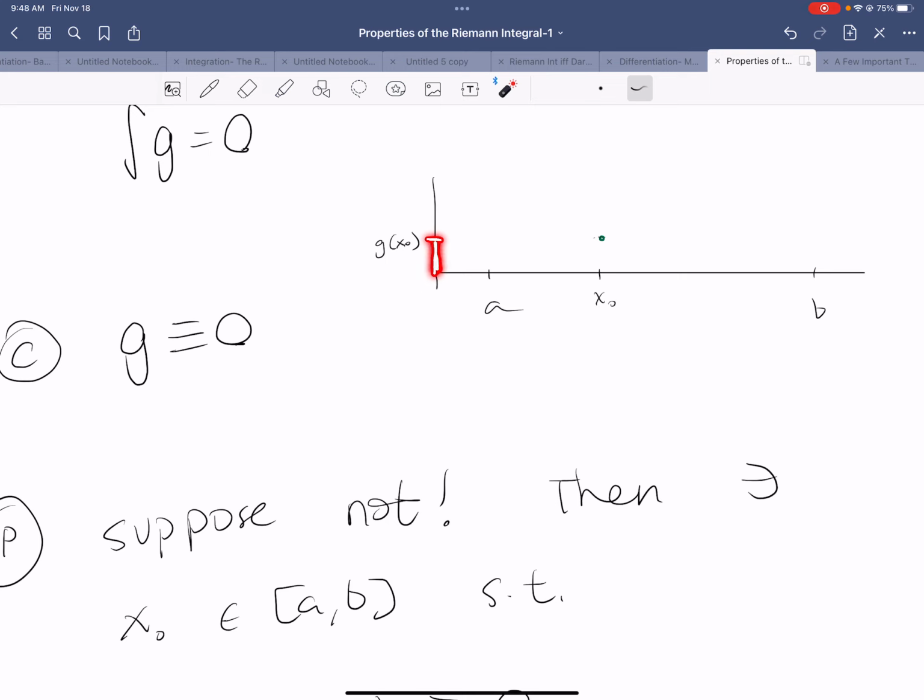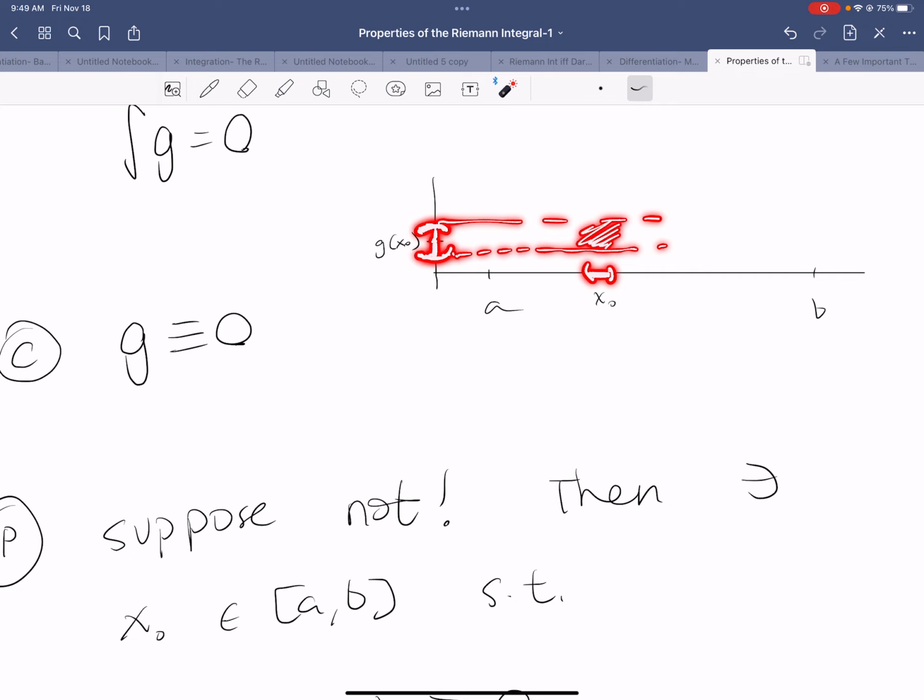Now, what does it mean to be continuous? It means for every epsilon, there is a delta. I'm going to let my epsilon be half of g of x naught. So now, this is my epsilon ball centered at x naught. For every epsilon, there's a delta where points within delta are mapped within epsilon, right?